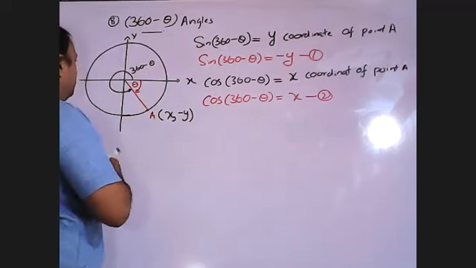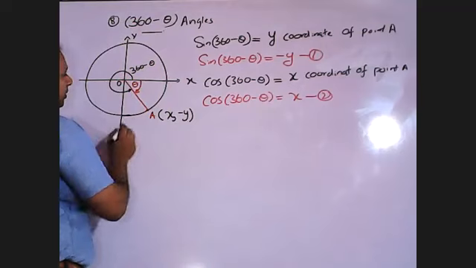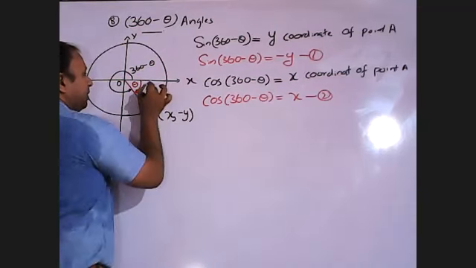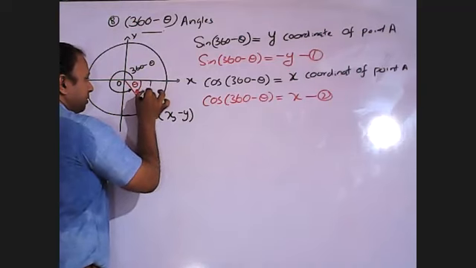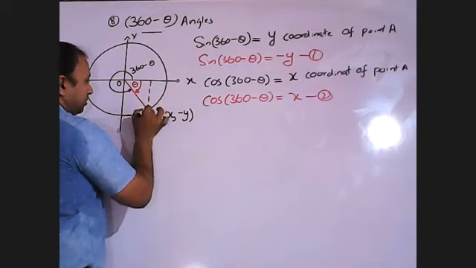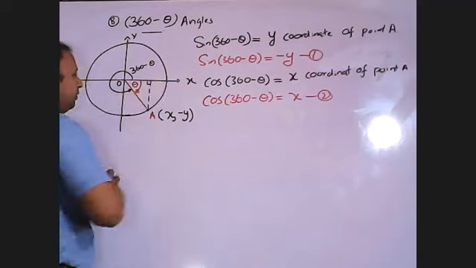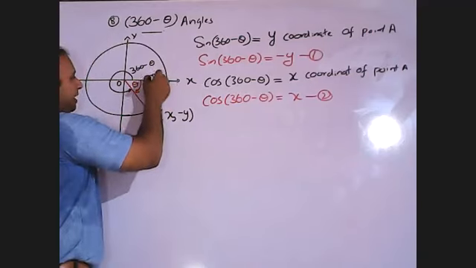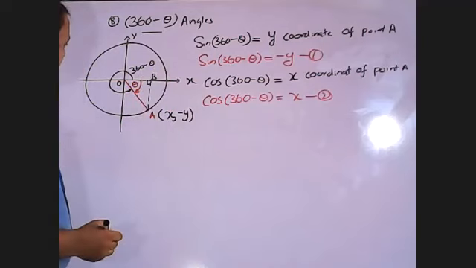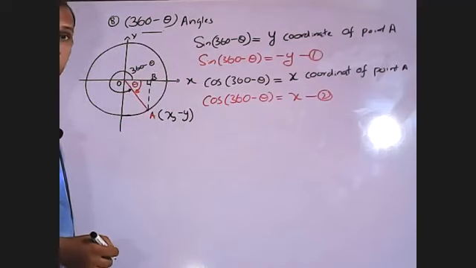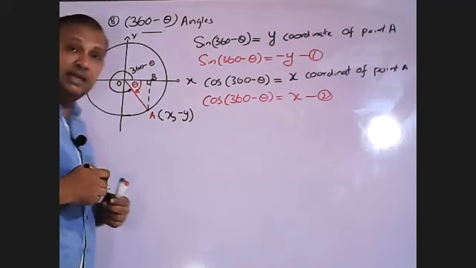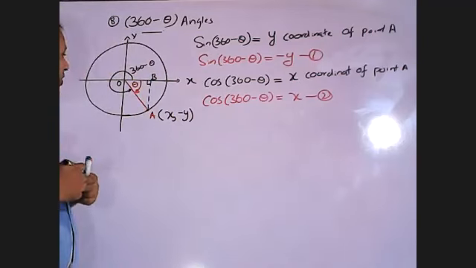This is O. So if you want to include that theta angle, you have to draw a perpendicular to this. Then you will have a right angle triangle here. Put it as B. Once you construct the right angle triangle, mark the length of each side.